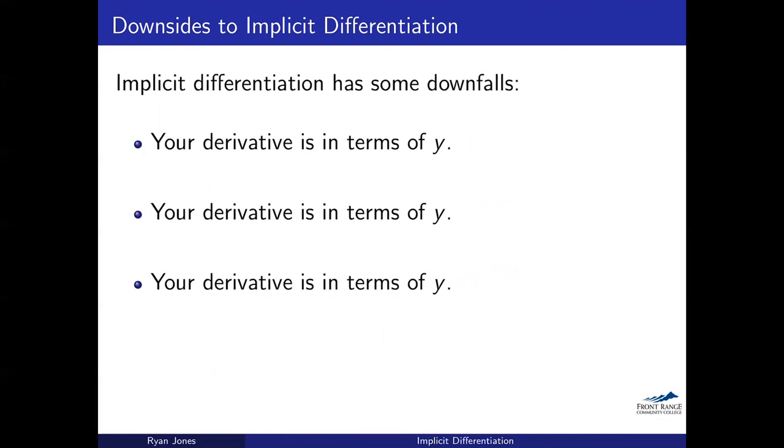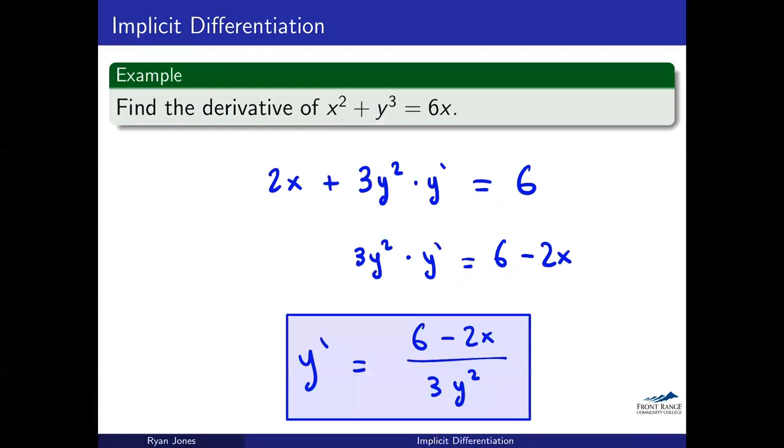Let's go back and look at this example that we saw. We have y prime, the derivative of y, is equal to (6 - 2x) over 3y squared. Well, none of this work actually tells us what y is. We're saying that the derivative is equal to (6 - 2x) over 3y squared, but I don't even know what y is, because we haven't actually solved for it.